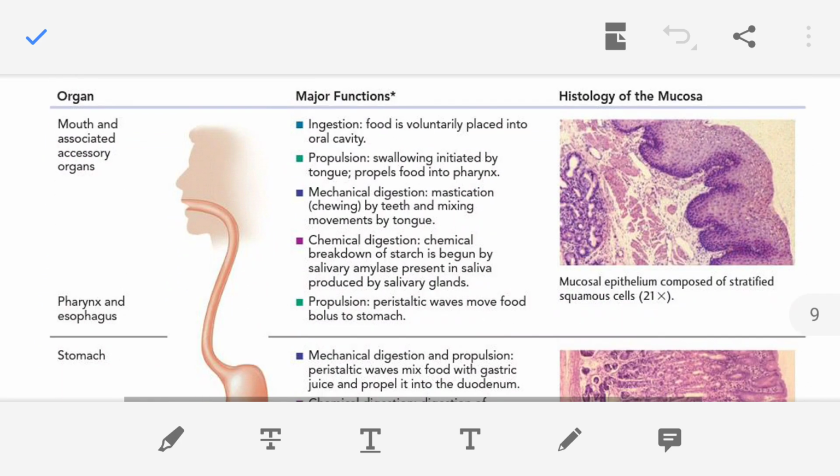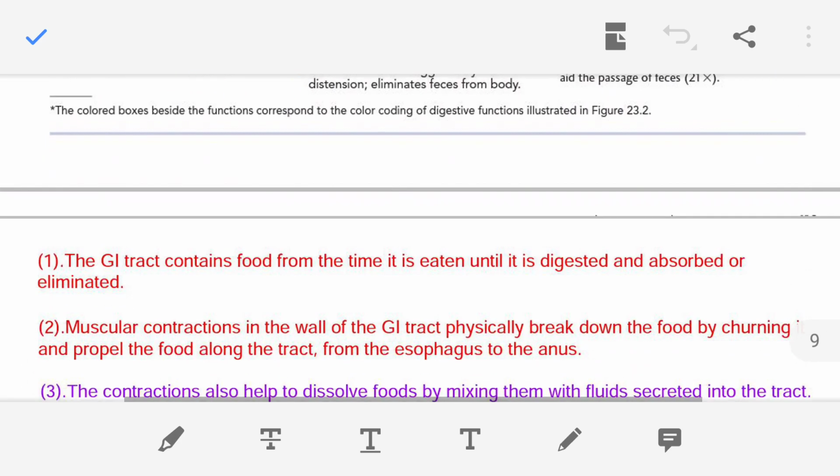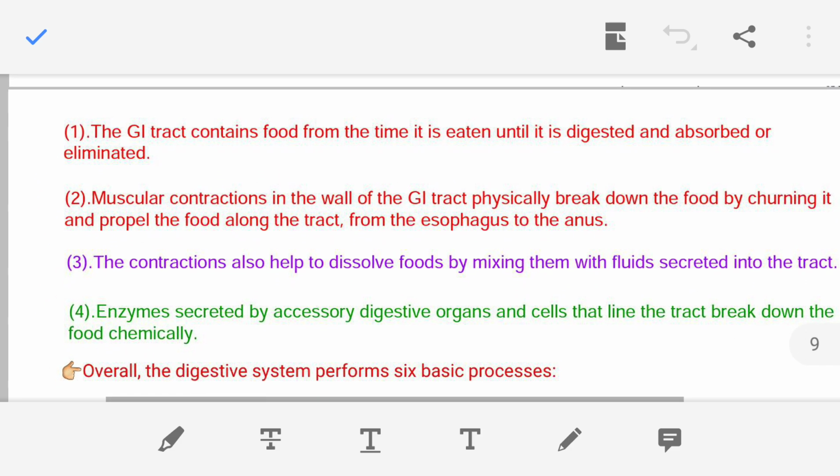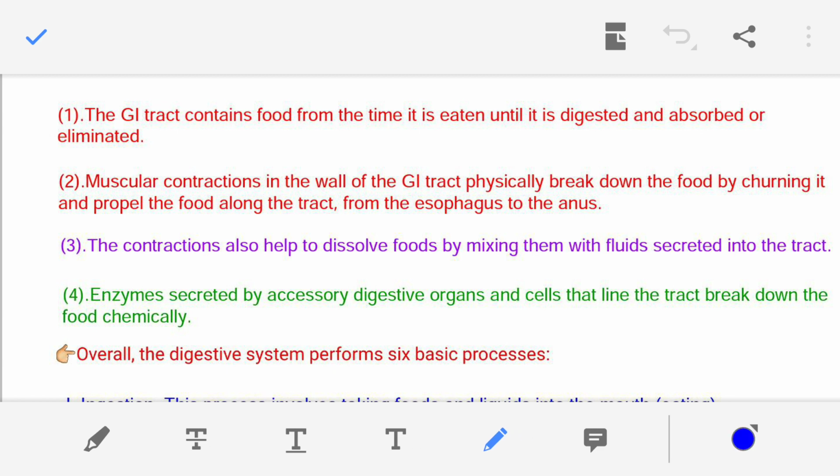Now this table I have already shown to you. Now, this point. GI tract is containing the food by the time we are eating it, the moment we eat the food.